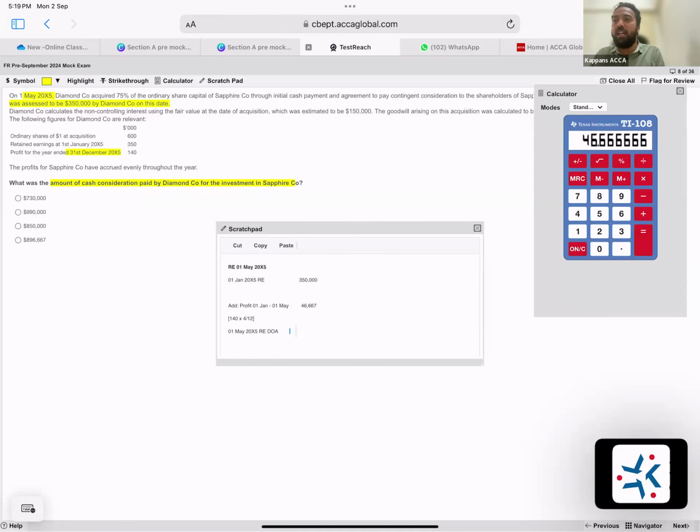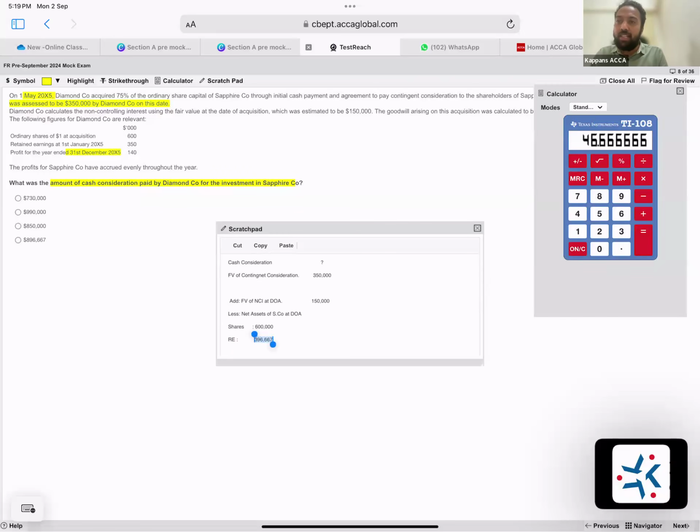So retained earnings at date of acquisition is 396,667. So we got retained earnings at the date of acquisition as 396,667. So how much will be the net asset?